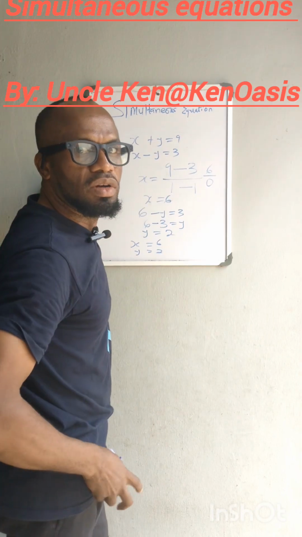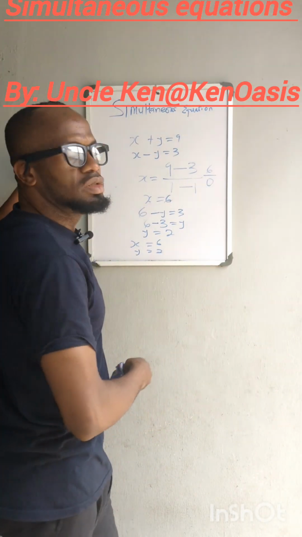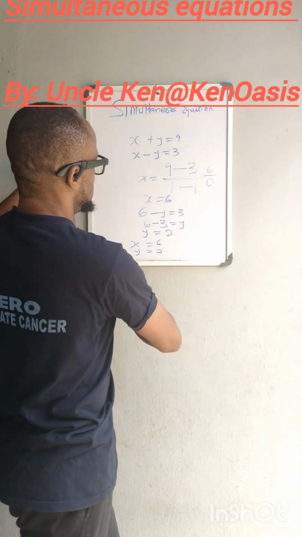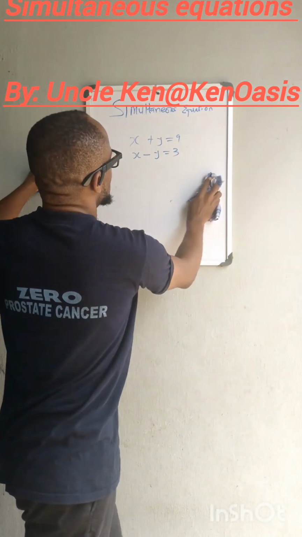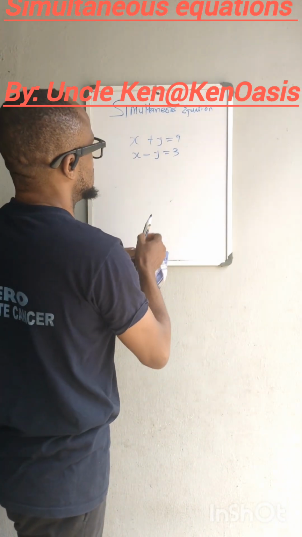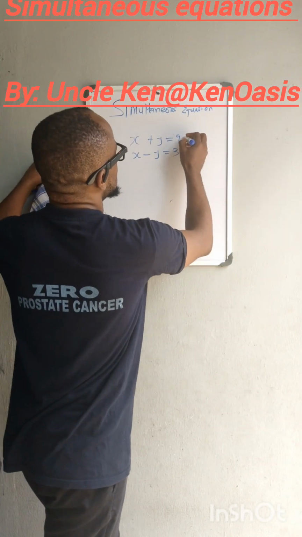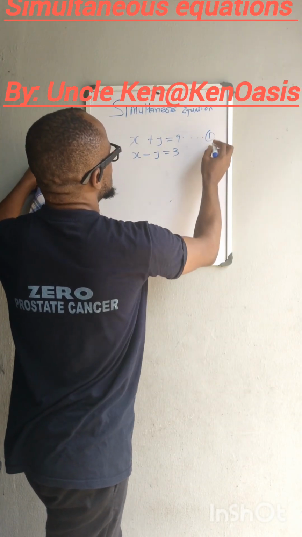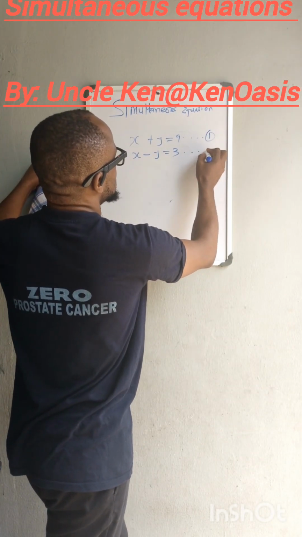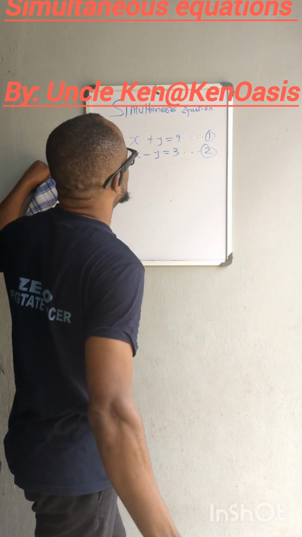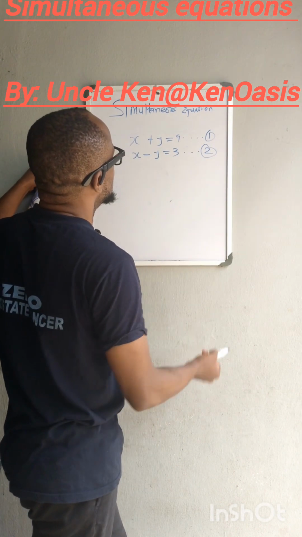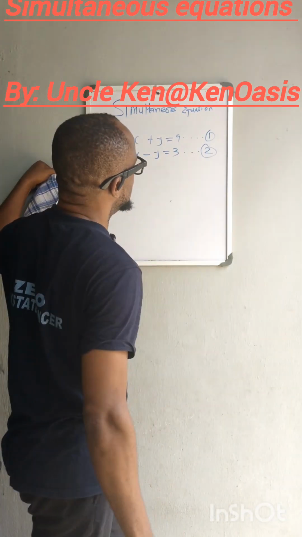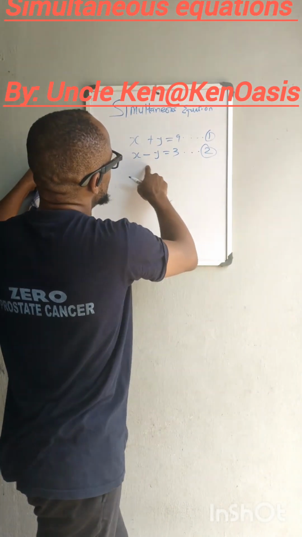Now in a situation whereby this question is given to you in the theoretical part, we can solve it like this. Now this is equation 1 and this is equation 2. We can form equation 3 by making y the subject of the formula from equation 2.